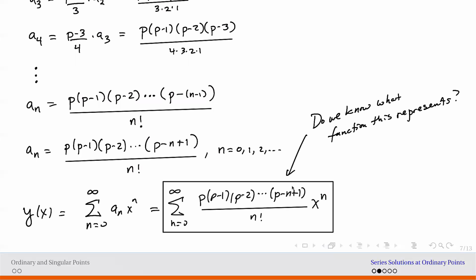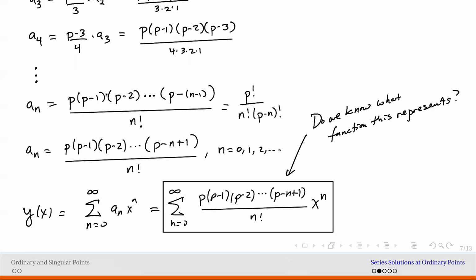One way I may help you recognize it is that this coefficient right here is a different form than what you may be used to. You can easily make the case that this is p factorial over n factorial times (p minus n) factorial, which in mathematics is called the binomial coefficient.